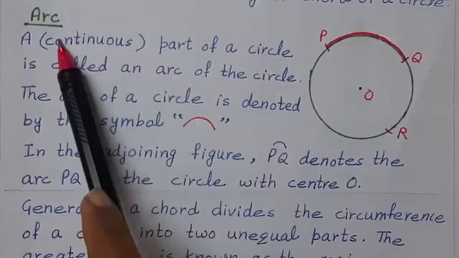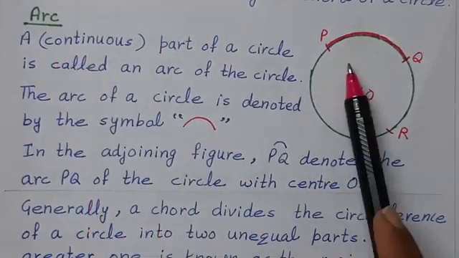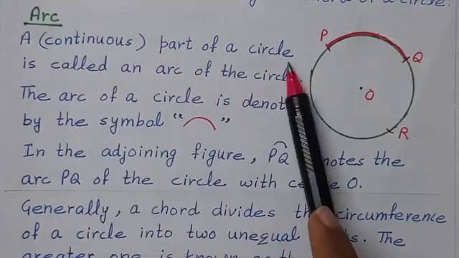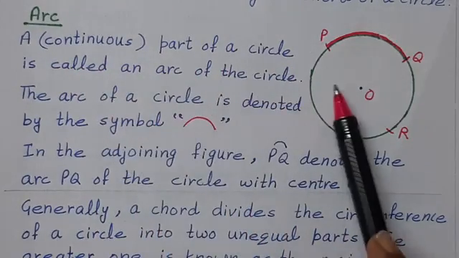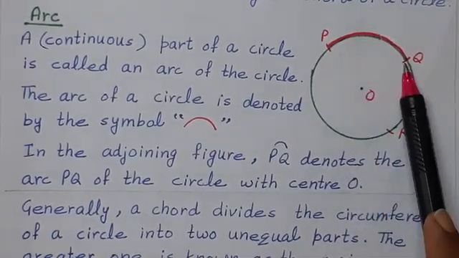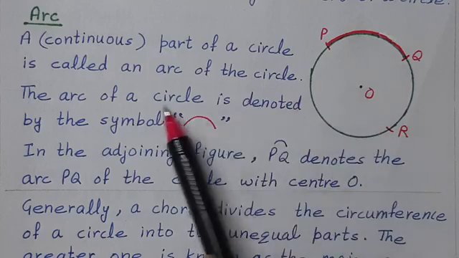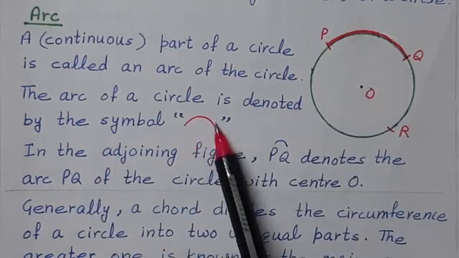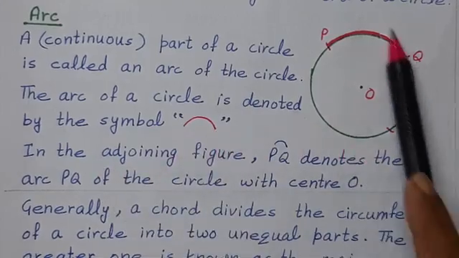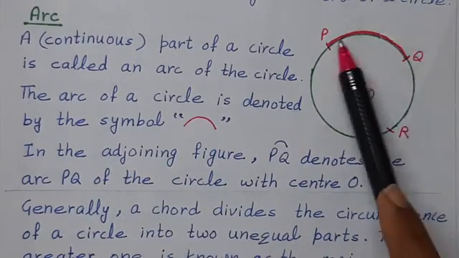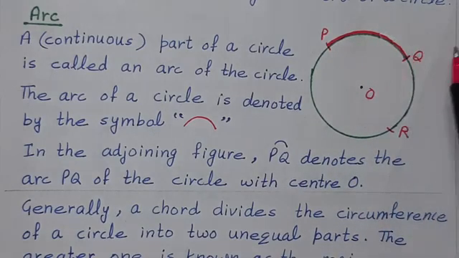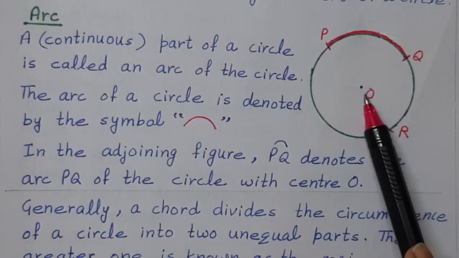Now, let us discuss arc. An arc is a continuous part of a circle. See, you can see in the diagram here, PQ is an arc. Clear? And it is denoted by the arc symbol like this. Now in this adjoining figure, you can see here PQ is the arc. Clear? And O is the center.